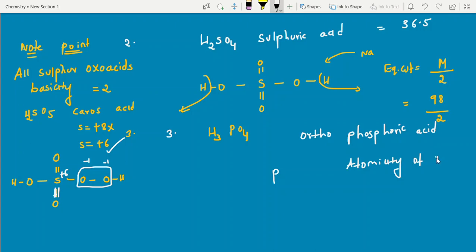That's why we are writing C4. Around phosphorus we have 4 bonds, 1, 2, 3, 4. And its valency is 5. Maximum valency is 5. So see students, in all oxoacids of phosphorus, one of the oxygens is fixed, that is a double bond. Maximum valency 5, right?